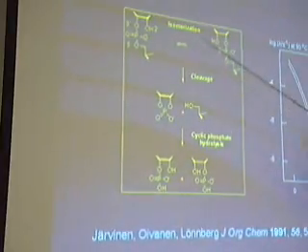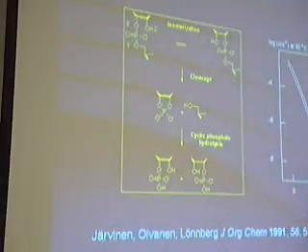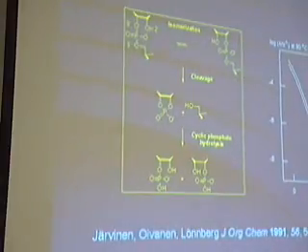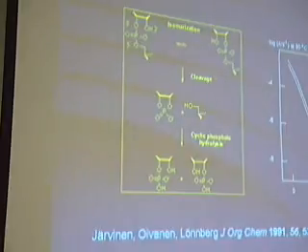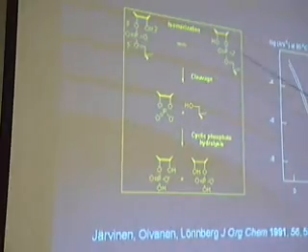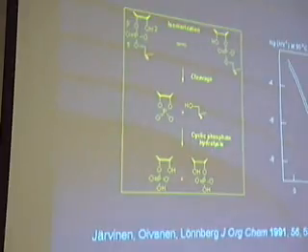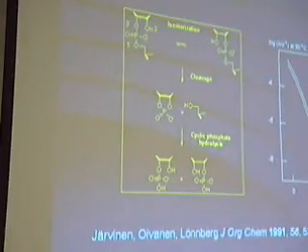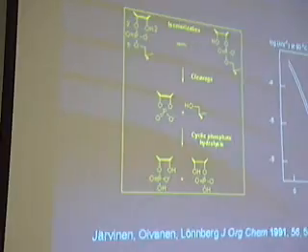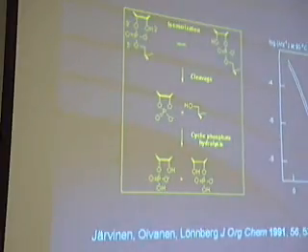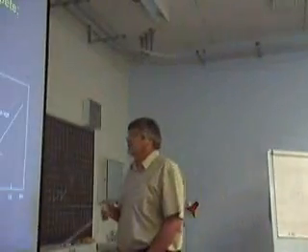But there is another reaction, namely isomerization of a phosphodiester bond from the natural 3',5' bond to the 2',5' bond. And here is a so-called pH rate profile for these processes when we have an isolated phosphodiester bond. So we have only one phosphodiester bond present.